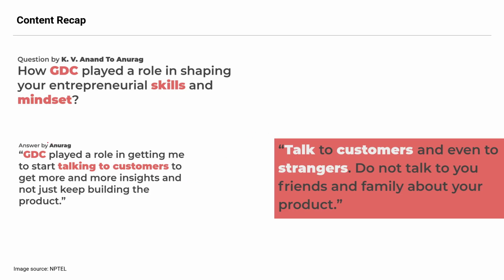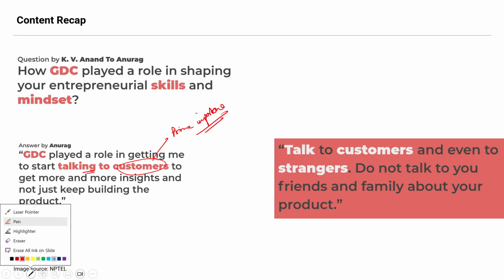Then come questions around how GDC played a role in shaping their skills, and it helped them in starting to talk to customers. Now again, if you see, customers take the prime importance. Talking to customers is something which they pushed.